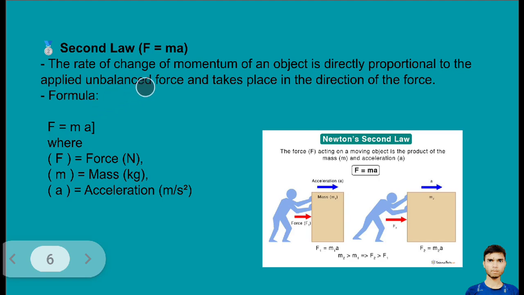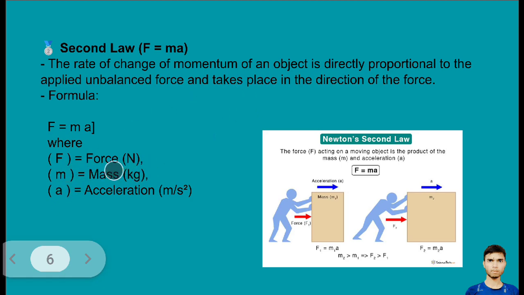Clear? Till here it is clear. Let's see the formula. The formula is F is equal to ma. To calculate force, you should have the mass of the object and the acceleration of the object. Acceleration is equal to v final minus v initial upon t.